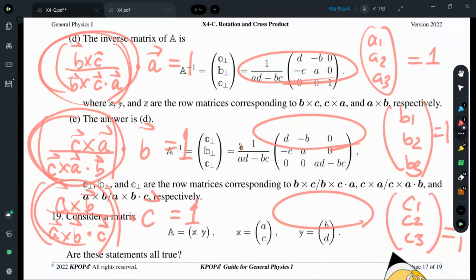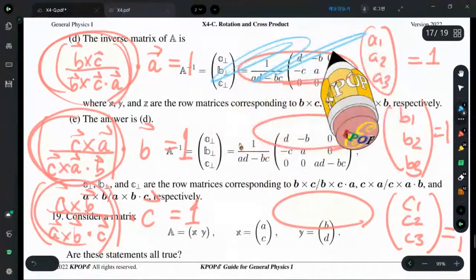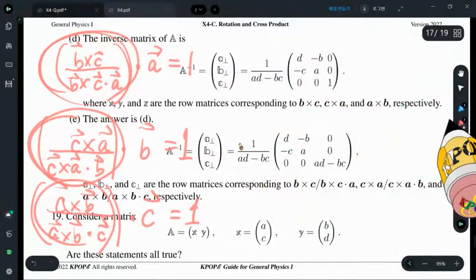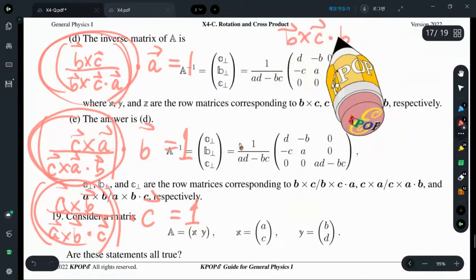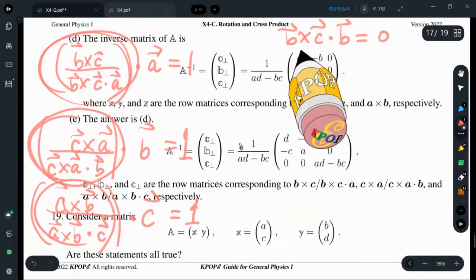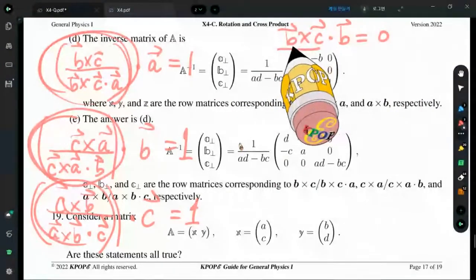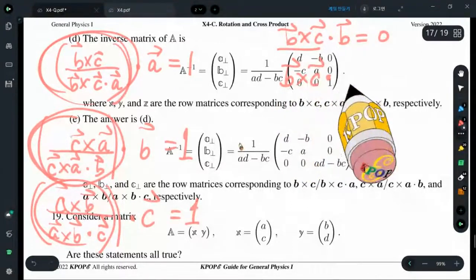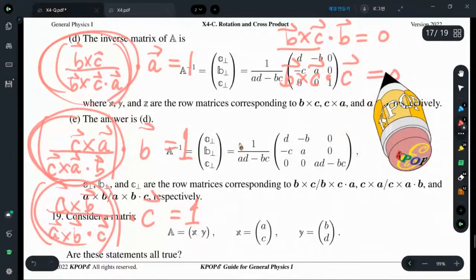In addition, I have a very simple relation. B cross C dot B is 0, because this one is perpendicular to B, so B cross C dot C is also 0. Understood?